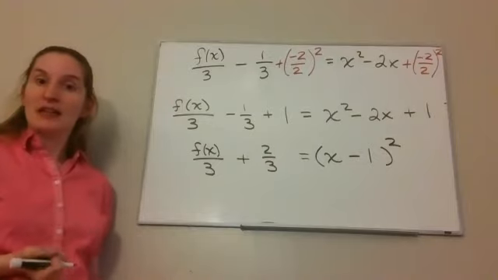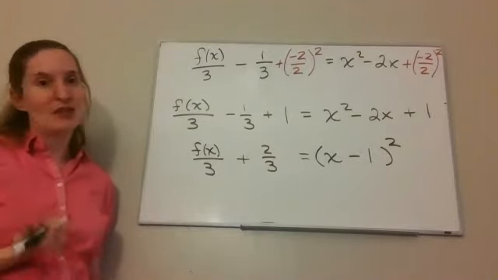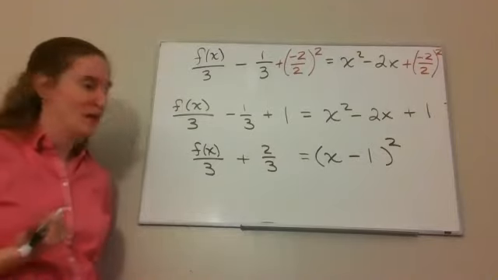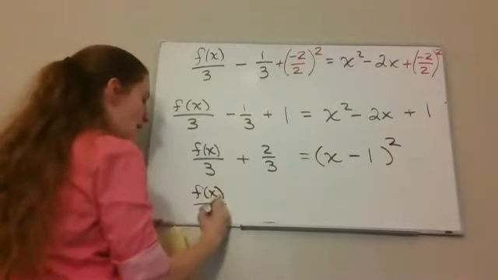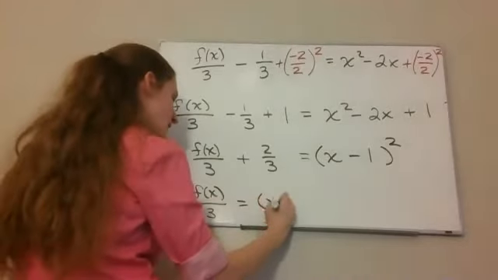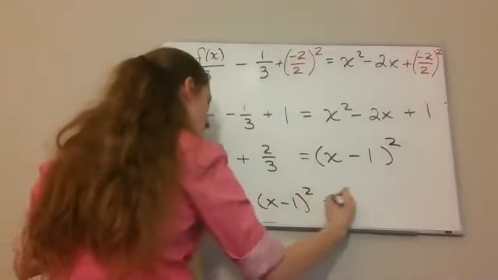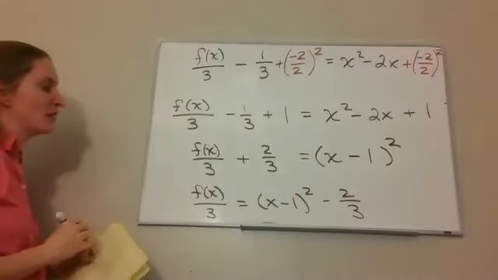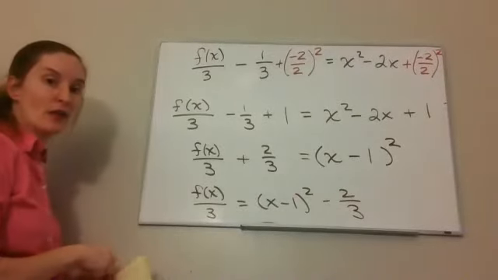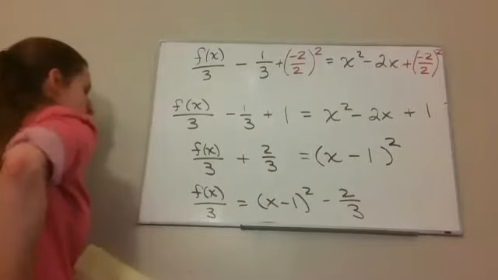To get it completely in vertex form, now I just have to get f(x) by itself again. So let's subtract 2/3 back over to the other side. And to get f(x) completely by itself, we have to multiply everything by 3.